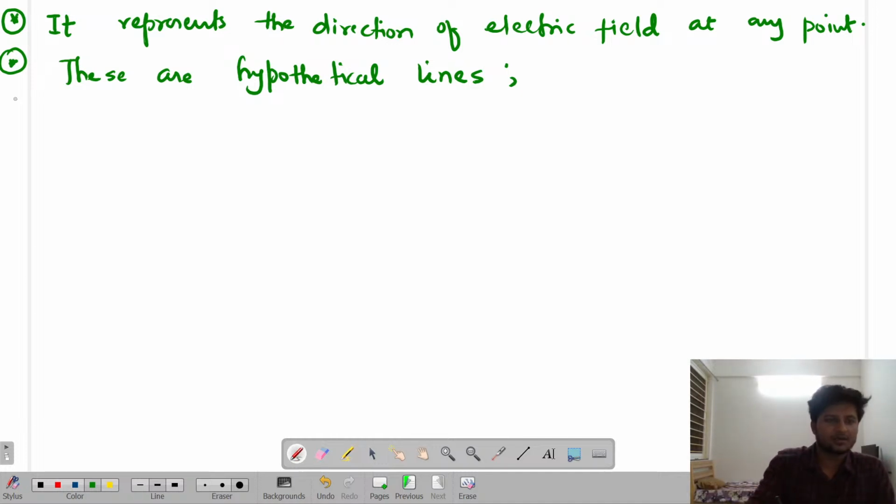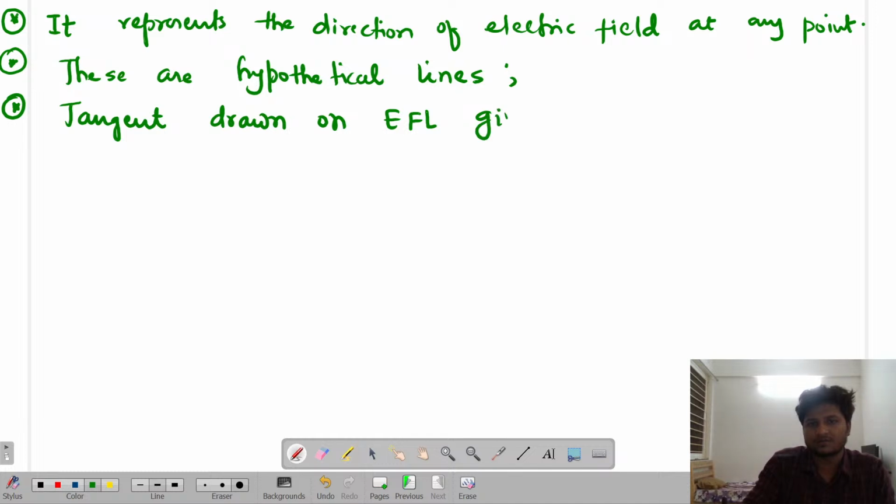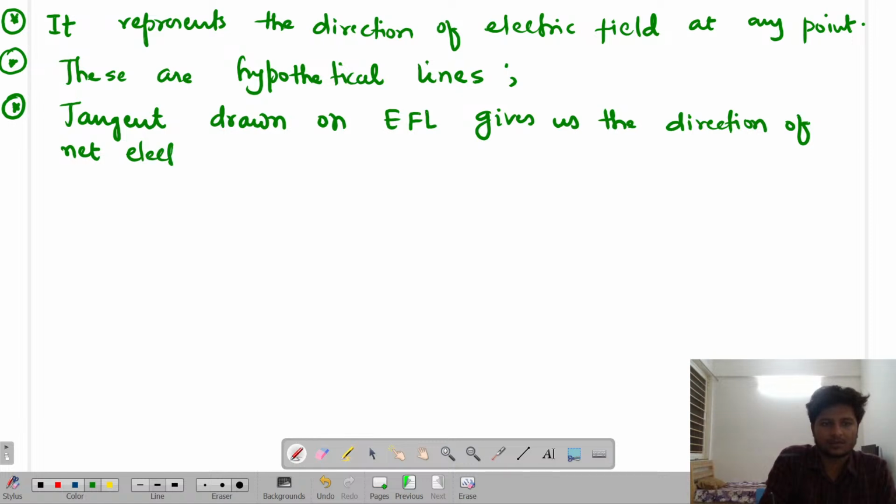Next thing, just like in streamline flow the tangent used to give the direction, similarly here the tangent drawn at any point on an electric field line gives us the direction of net electric field at that point.